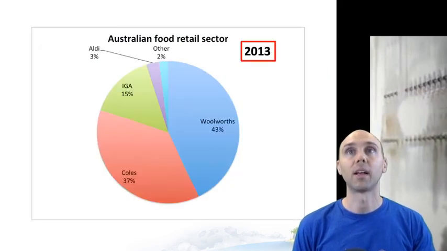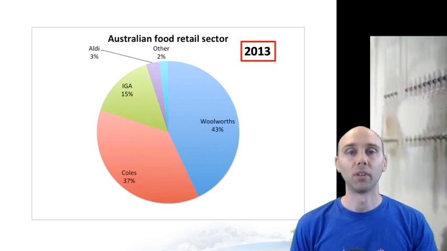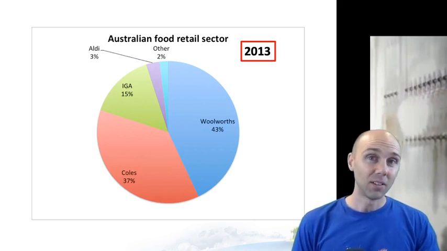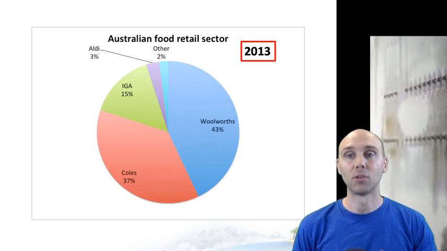If we look at 2013, we can see that together Coles and Woolies had about 80% of the market share, with Aldi sitting in there only at 3%. Is it still a duopoly? Well, almost certainly not, and we can see how things have changed if we look at 2017.